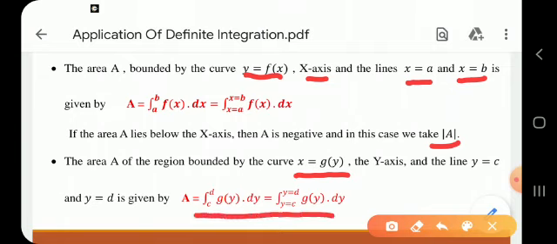Here A is equal to the integration from c to d of g of y dy, which is the integration from y is equal to c to y is equal to d of g of y dy. So remember these 2 points. Using these points, we consider some examples.